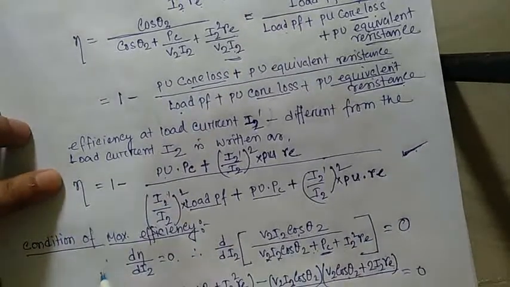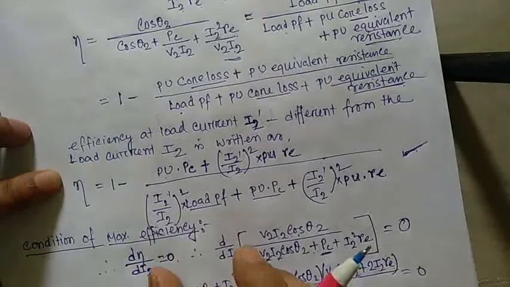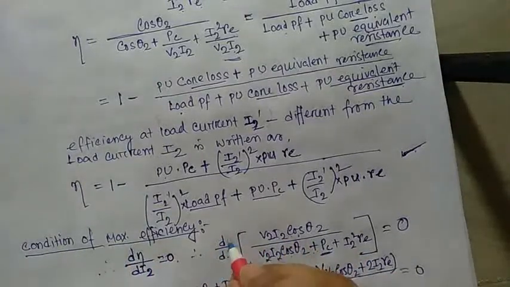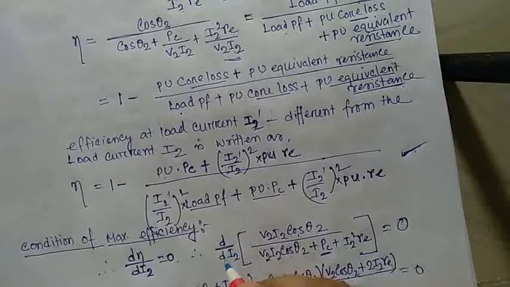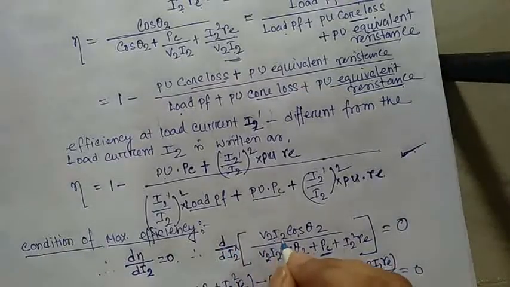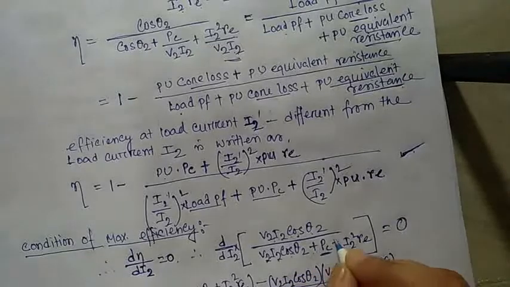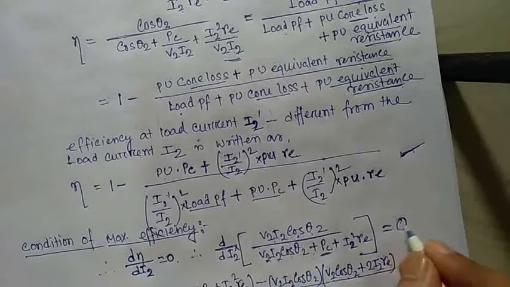So we can write dη by dI2 is equal to 0. That time we satisfy the maximum condition. So d by dI2 of the efficiency equation, that is V2 I2 cos theta 2 divided by V2 I2 cos theta 2 plus PC plus I2 square RE, is equal to 0.